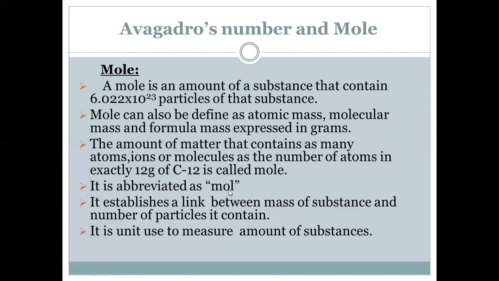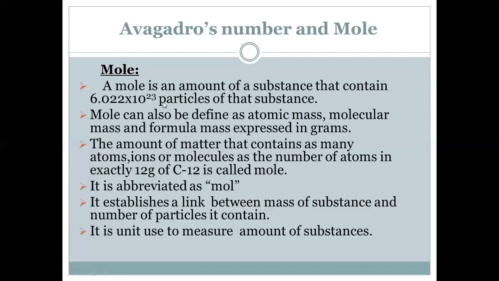Mole is abbreviated as mol, and it establishes a link between mass and number of particles. As you can see, 12 grams has how many particles? It has Avogadro's number of particles, or 6.022 into 10 raised to power 23 particles.